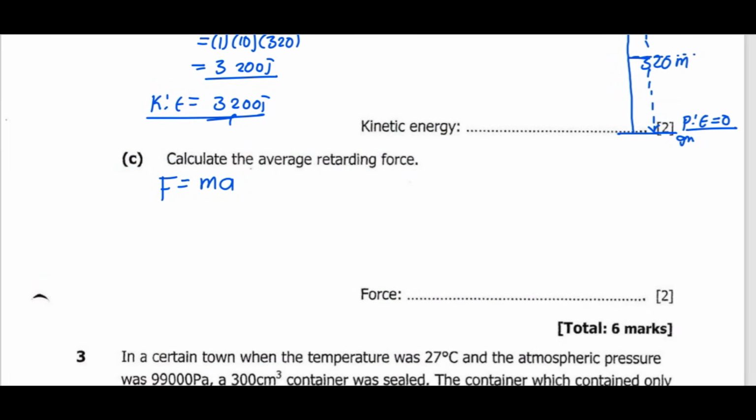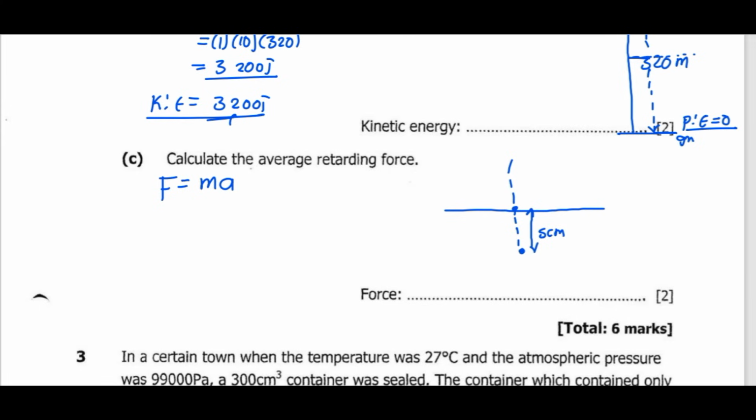So let's say this is our ground. So upon reaching the ground, we are told the stone penetrates up to a point where it stopped. So the distance that it covered from the ground to this point is 5 centimeters.